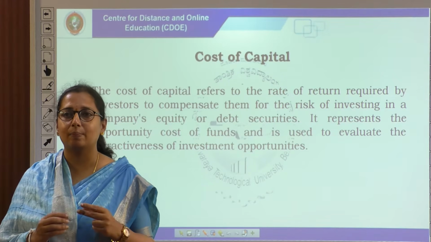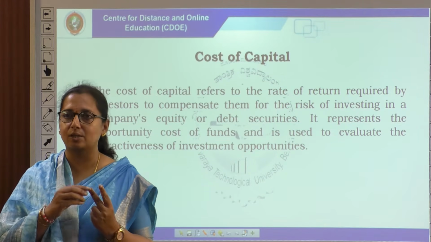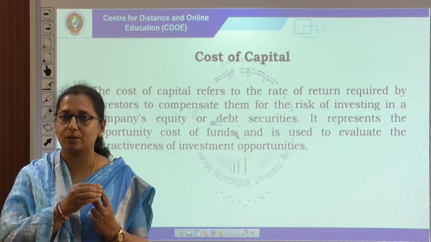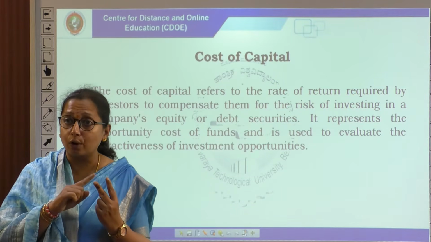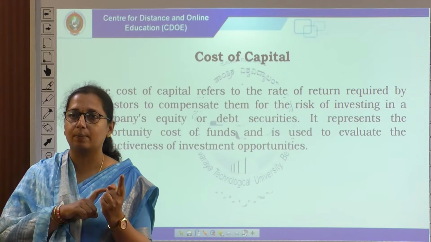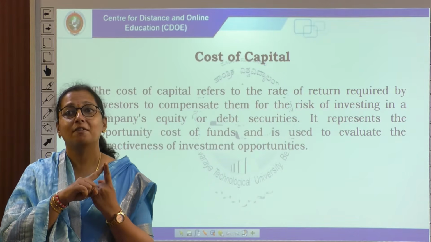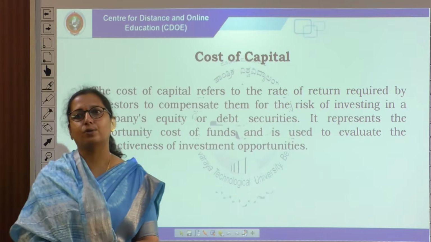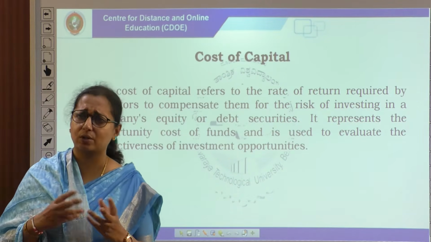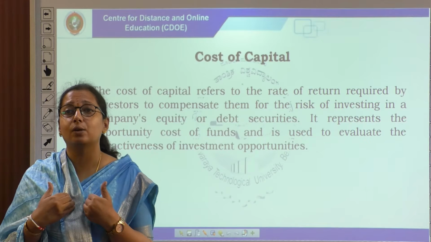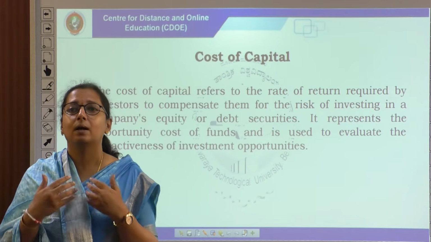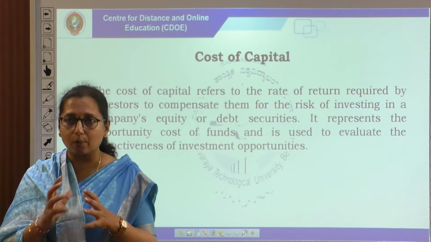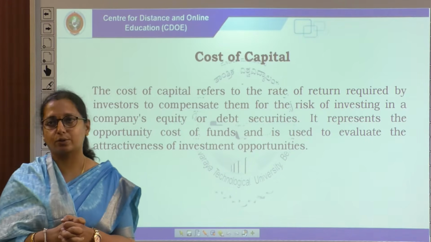Whether the interest rate is increased or decreased, whichever alternative course of investment I choose, the core meaning is called the opportunity cost of capital.